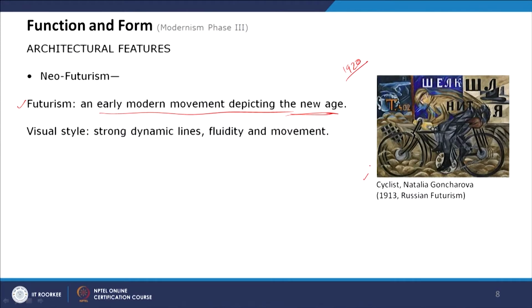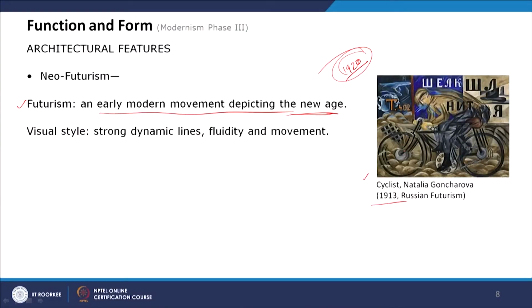If you look at this particular painting called Cyclist by Natalia Goncharova, a Russian painter, it was painted around 1913, which is quite in a similar phase to the 1920s, in the beginning stage of modernism.